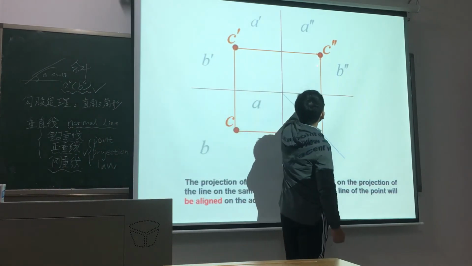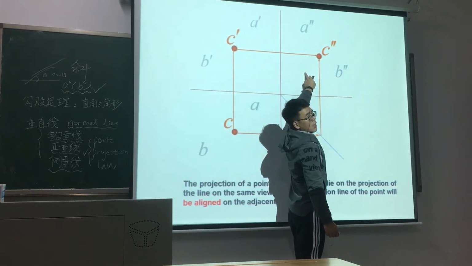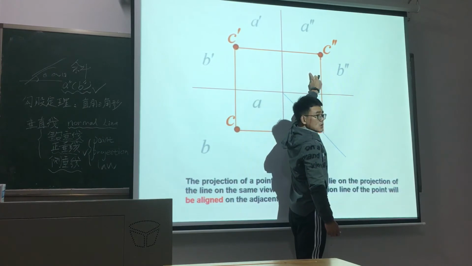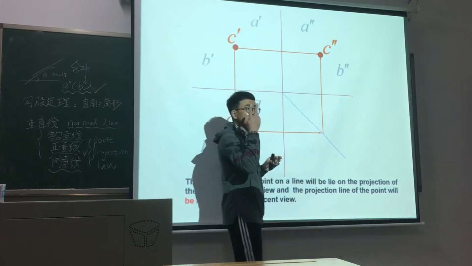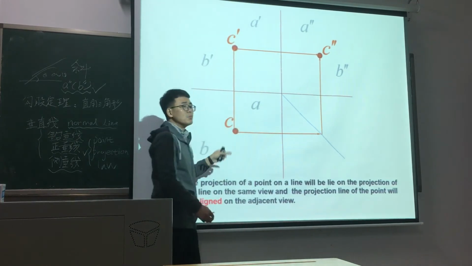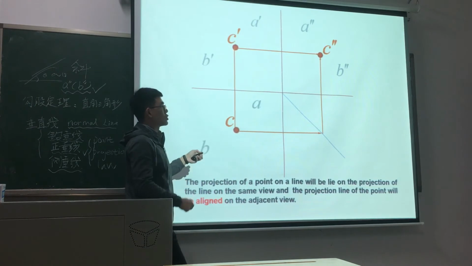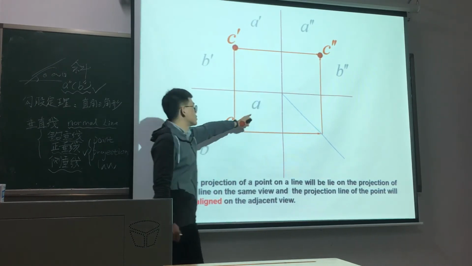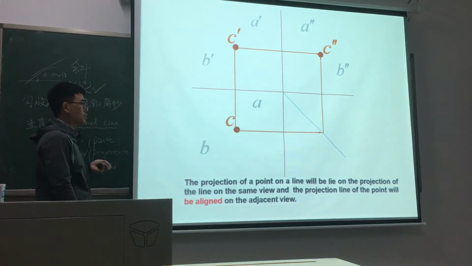If this point C and C' are on this projection here, it doesn't mean the point is on the line, because only two are on the line. We need all three. All of the three projections should be on the projection of AB. Okay, this is very important.